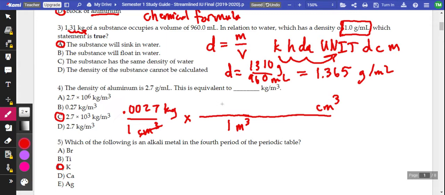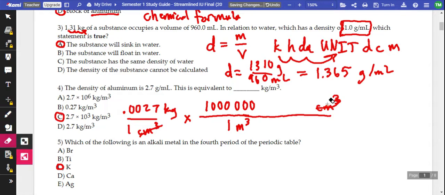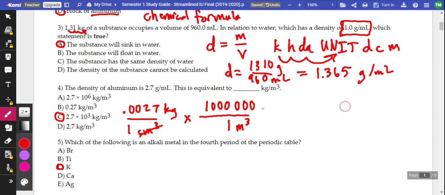In other words, 10 to the 6th. So I'm going to write out 1,000,000, but we're going to change it to scientific notation at the end here. I don't need my bar to be quite that long anymore. So my cubic centimeters unit goes away.